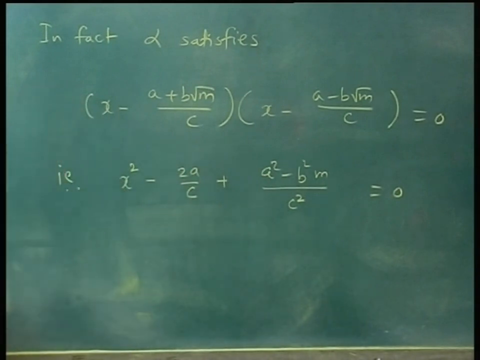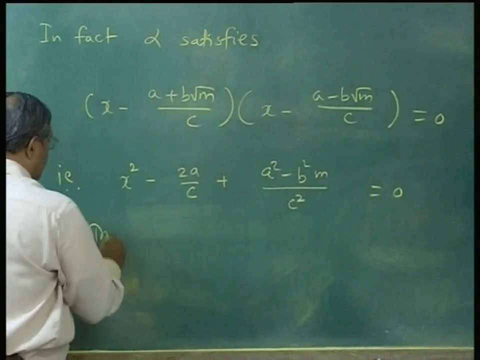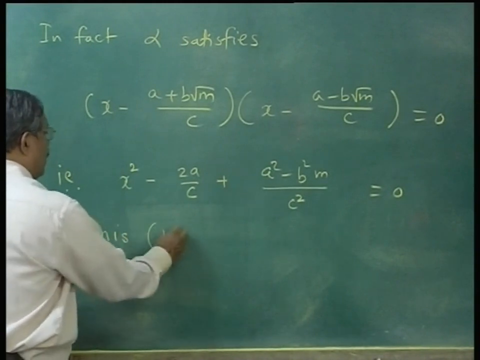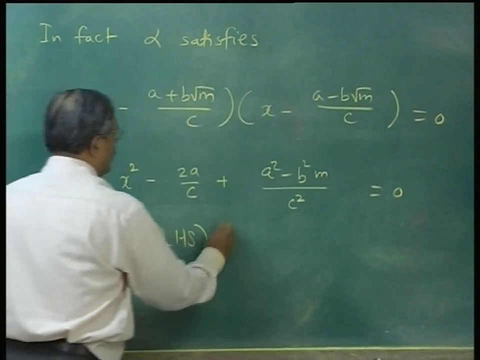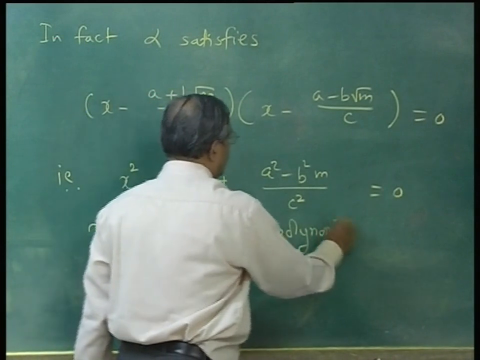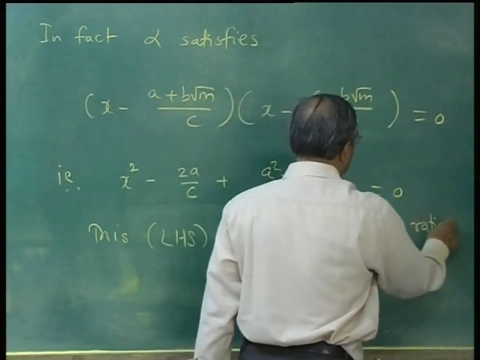This is the polynomial satisfied by alpha equal to a plus b root m by c. This is a polynomial, so the left hand side is a polynomial with rational coefficients.